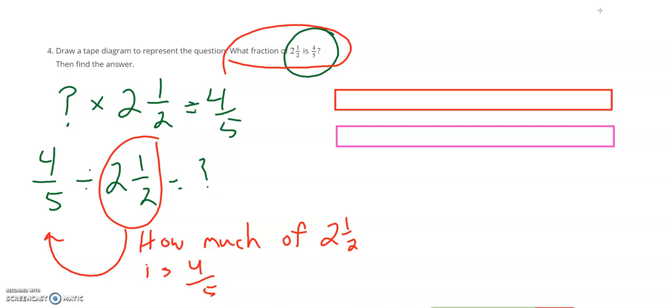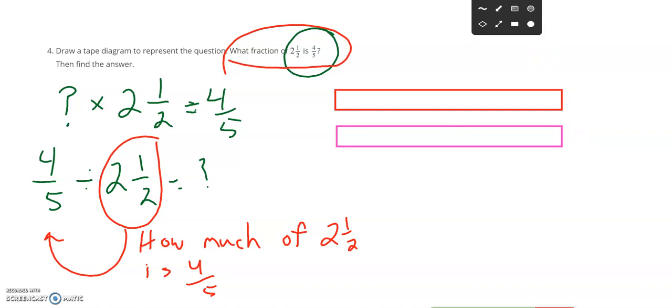So we have 2.5 and we have 4/5. This can get hard. It's a little bit difficult to draw 2.5 to see where to put the lines.